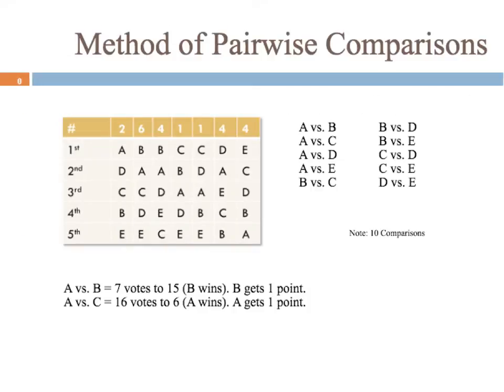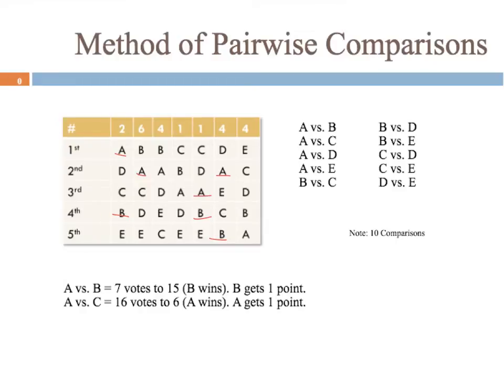All right, here's our first example. We've got 10 matchups from 5 candidates, so all the possible combinations of pairings. And the first 2 are done for us. Notice that with the first one, if we match up A and B, A is above B in these columns, and that adds up to 7.